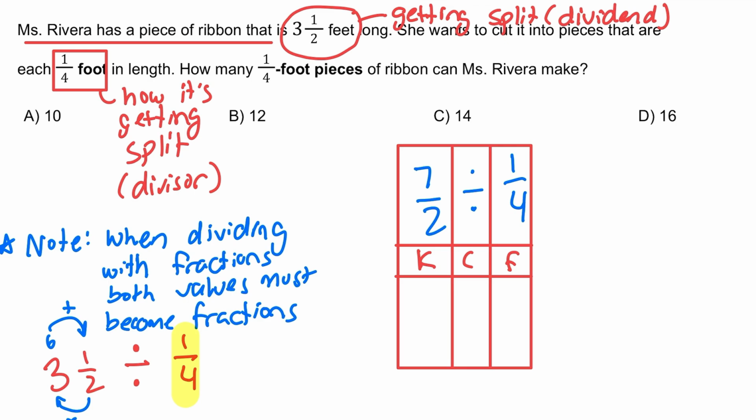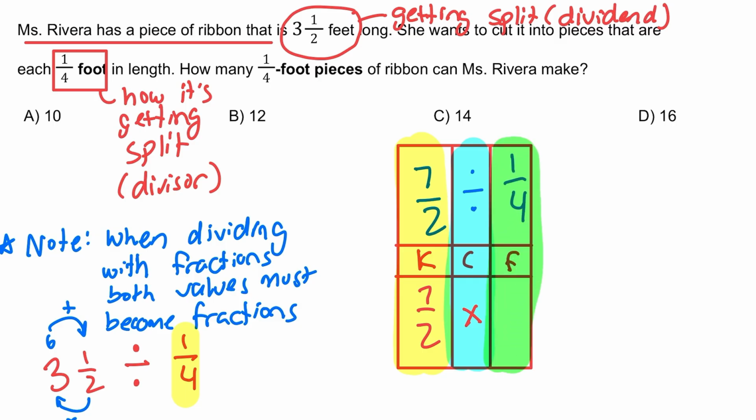So in this column, we're going to keep the value that's there. And since our value is 7 over 2, we're just going to rewrite 7 over 2 because we're keeping it the same. In this column here, we have our division, but that's in the C column, which means that we have to change it to its opposite, which is multiplication. And finally, we have this column where we have the letter F, which stands for flip.